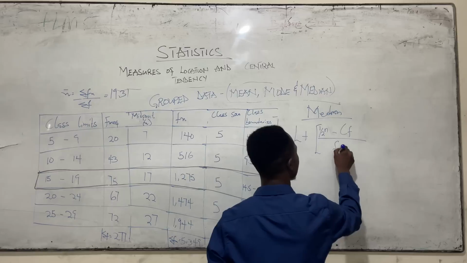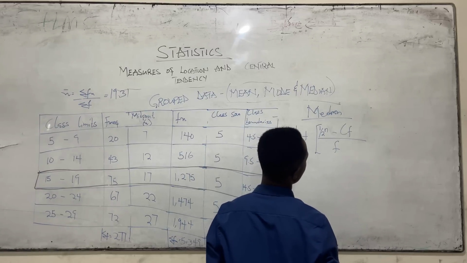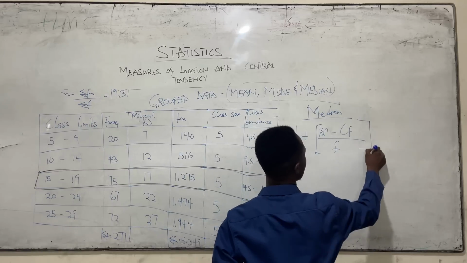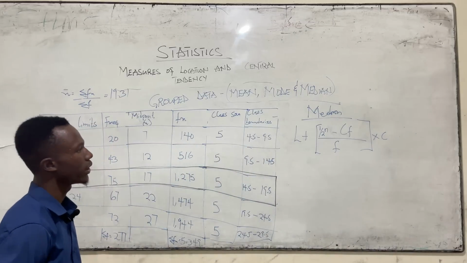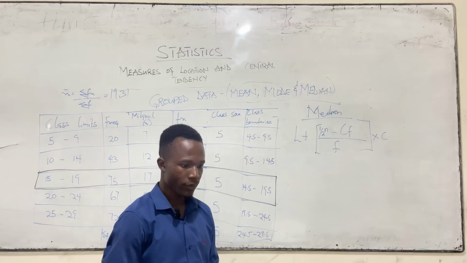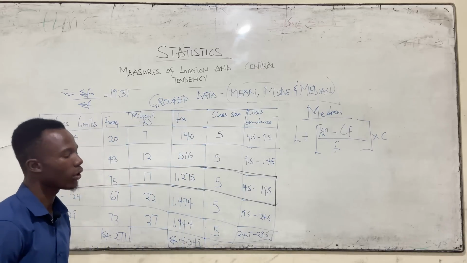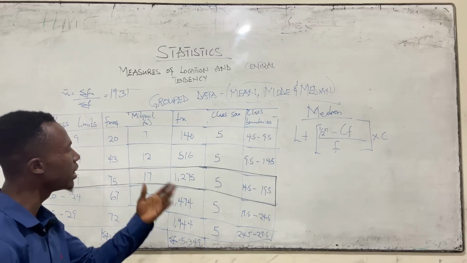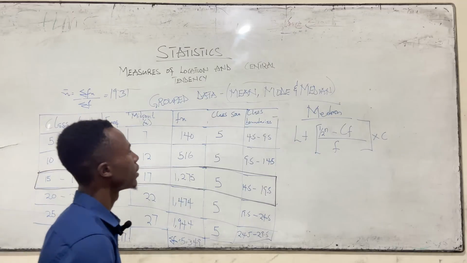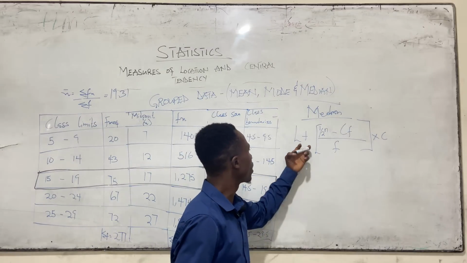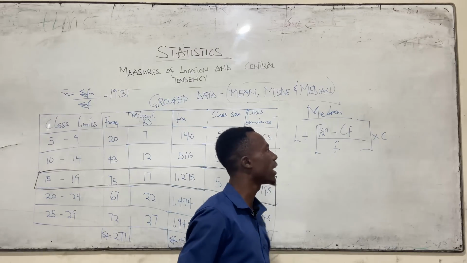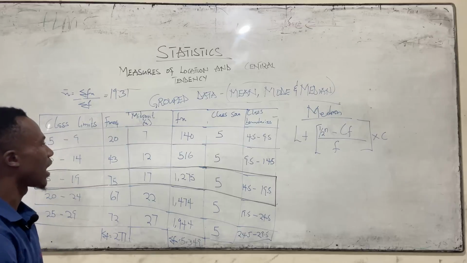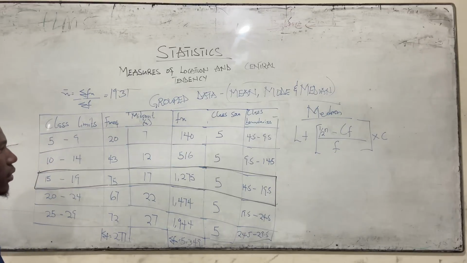All over F, that is the frequency, times the C, that is the class size or the class width, right? So we say cumulative frequency of all the classes preceding the median class, right? Yes. And L is the lower class boundary of the median class. F is the frequency, and C here is the class size or the class width, right?